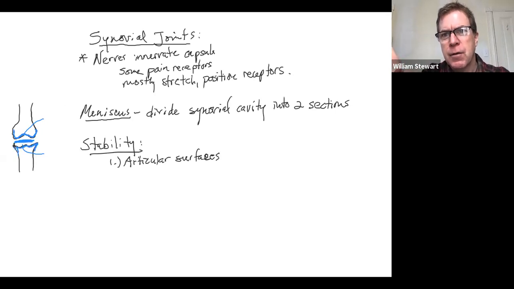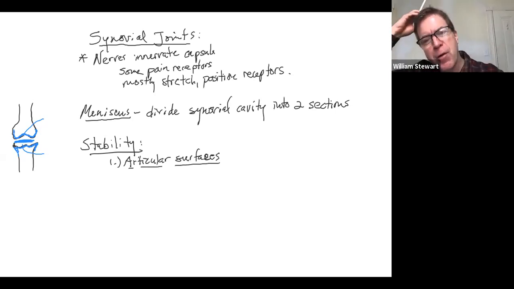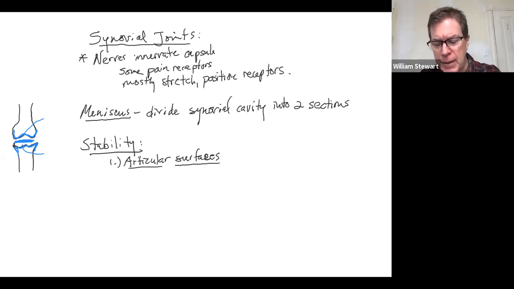These do not play a major role in stability. A very minor role in stability is contributed by articular surfaces, but they're more a determinant of the type of movement that the bones or the joint can make. So they play a very small role in stability.